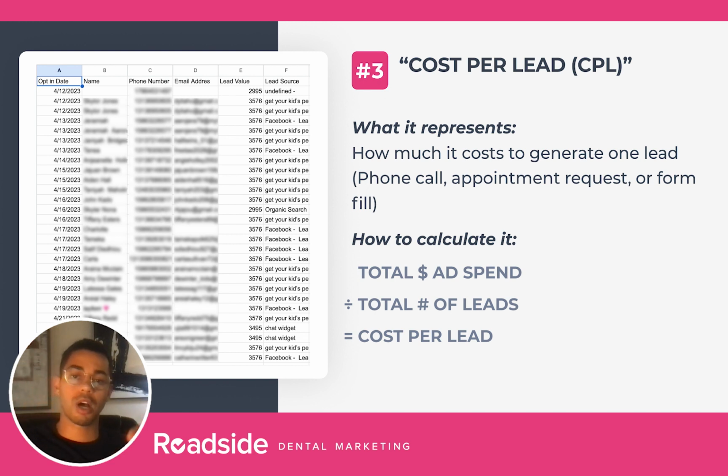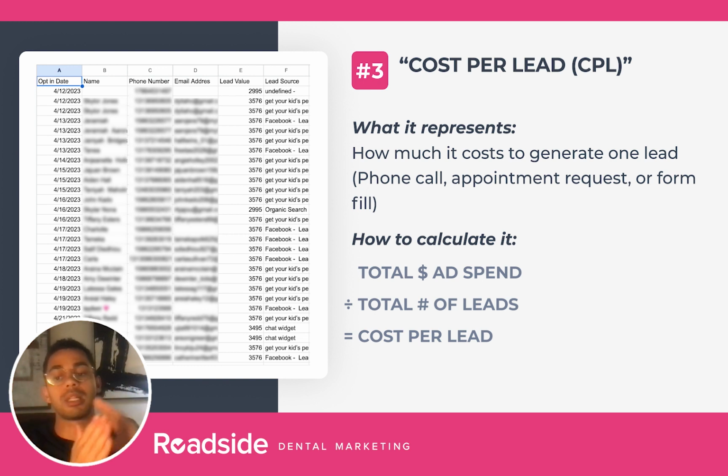Now, this number, cost per lead, is the best overarching indicator of how well your advertising is performing, or your top of funnel. So just like conversion rate is the best overarching metric for your website performance, this is the best overarching metric for your top of funnel ads performance, right?